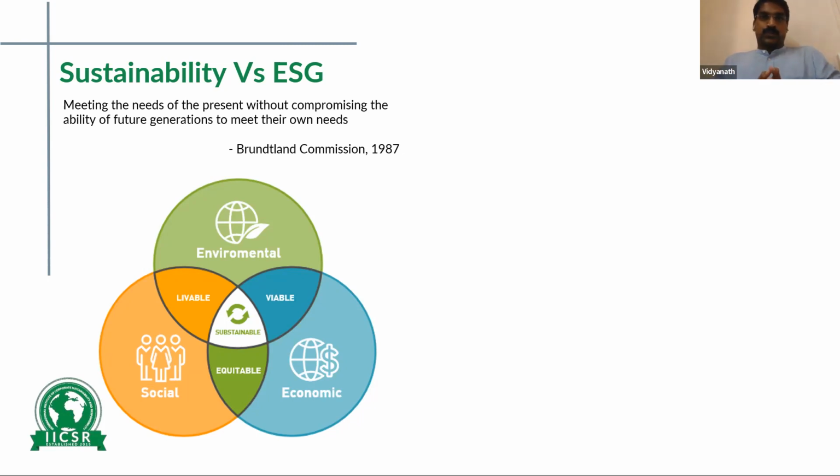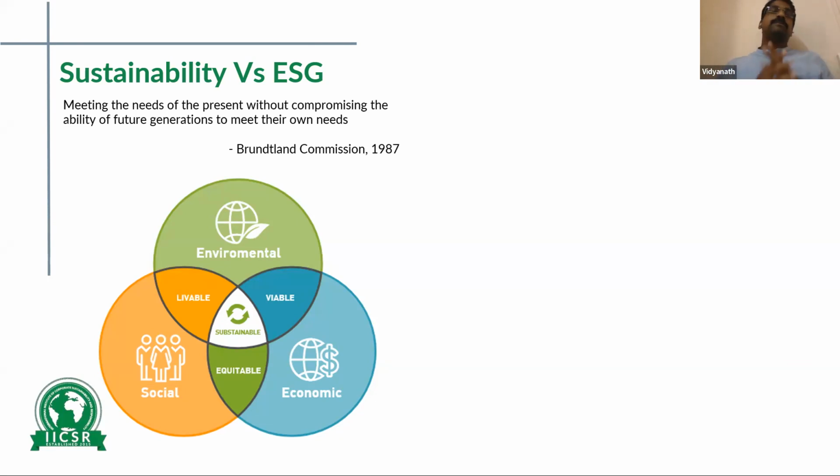So now it is in our hands, our generation's hands, to decide what to do so that future generations are not impacted in a negative way. Positive way, well and good. We are happy, they are happy. But we should not be impacting them in a negative way. Do you want your next generation or your children to suffer? No, right? So we want to take better care of them.